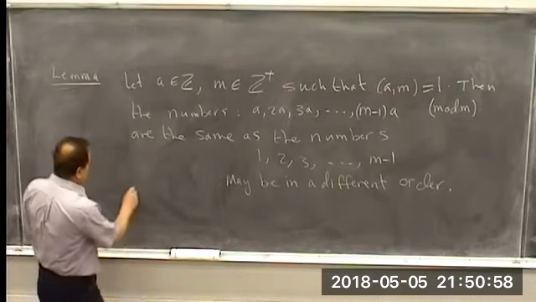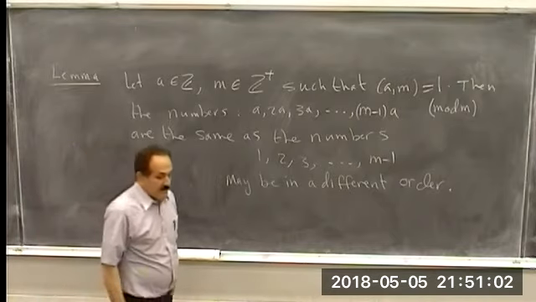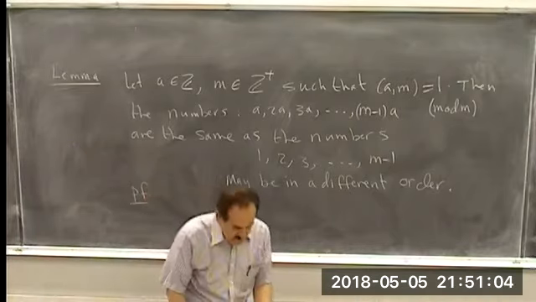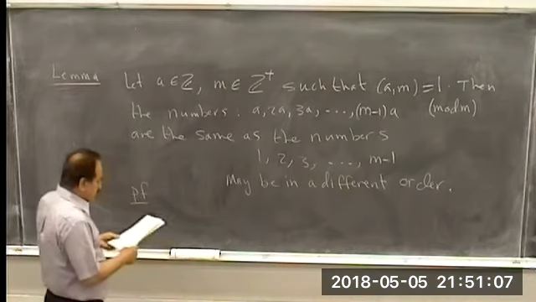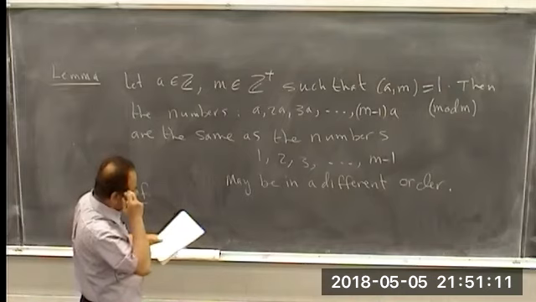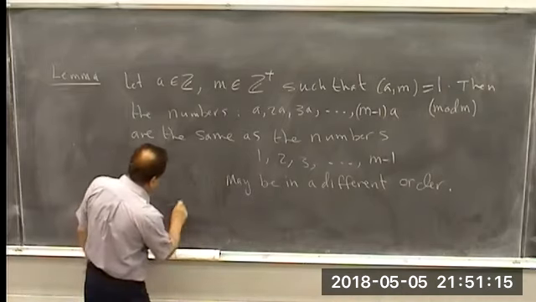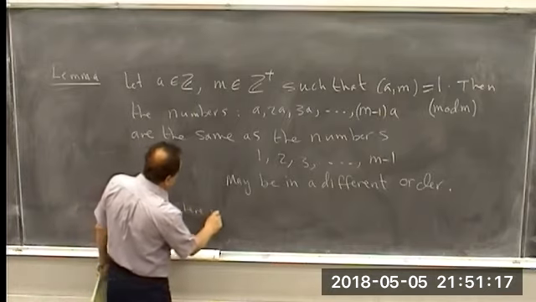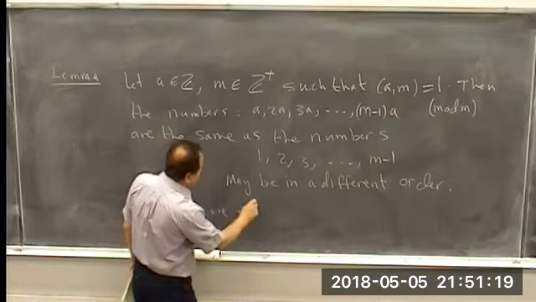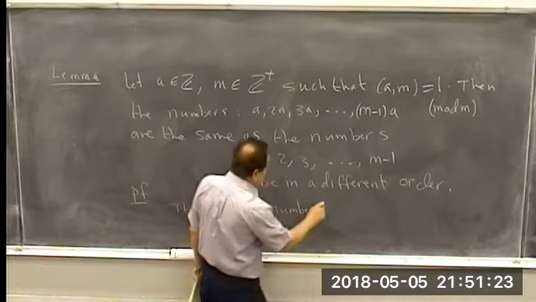All right, here's the proof. First of all, note that there are m minus 1 numbers in the first list.